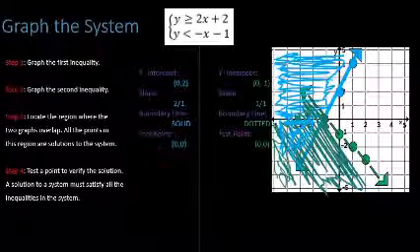Now, to go one step further, if you want to test a point anywhere in the double shaded area, you just have to plug them in and do as we normally would with plugging in x and y in both inequalities to prove that we did it correct.